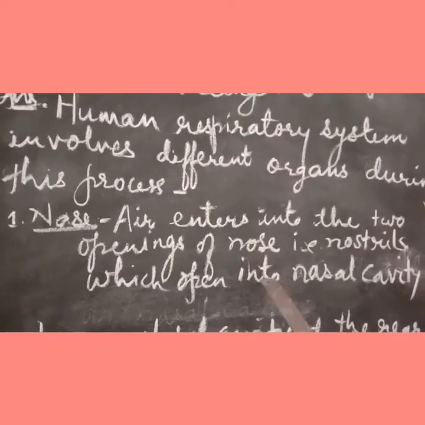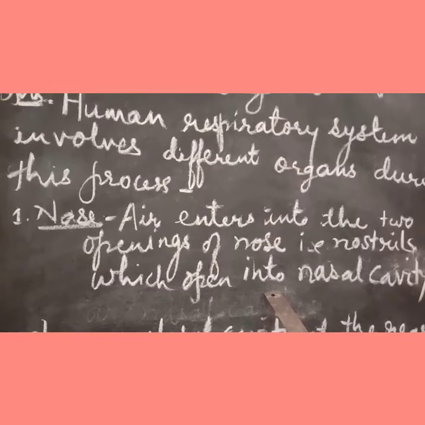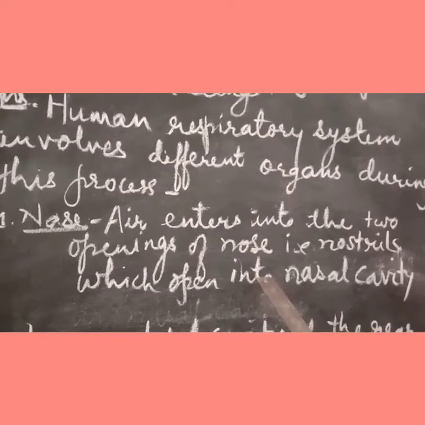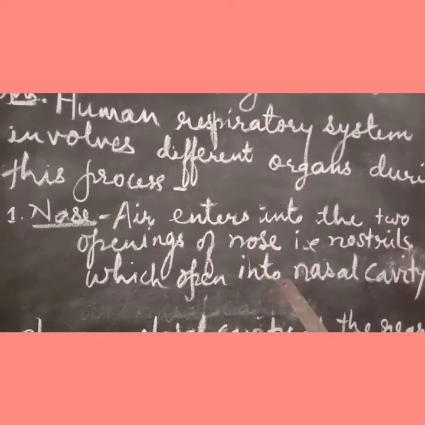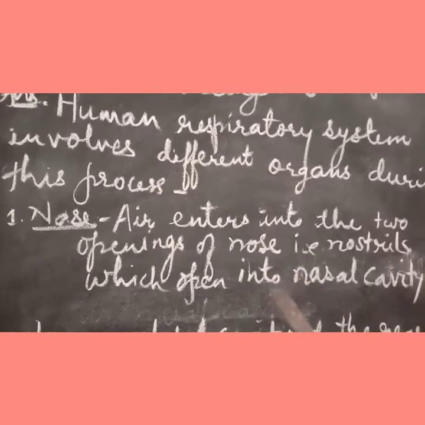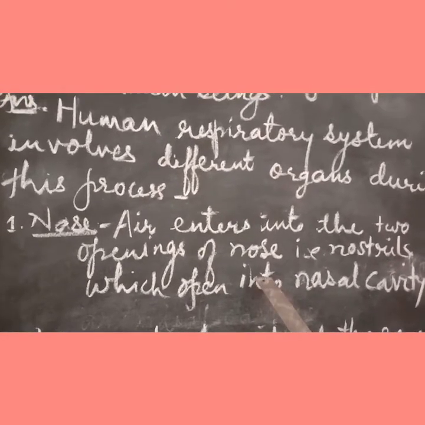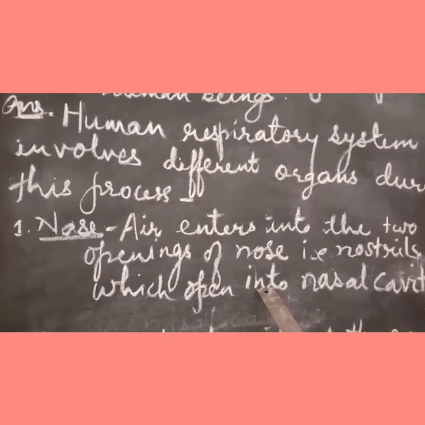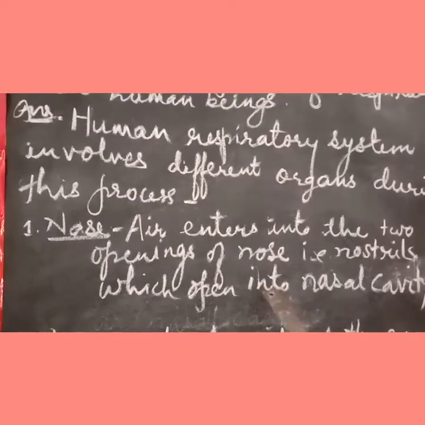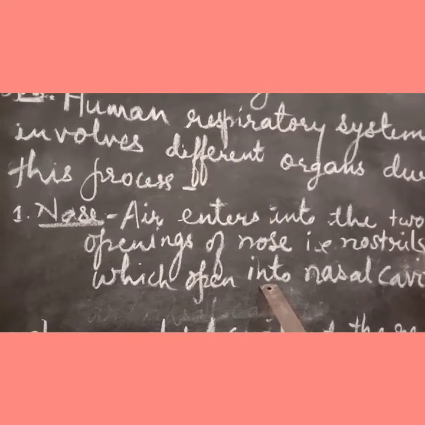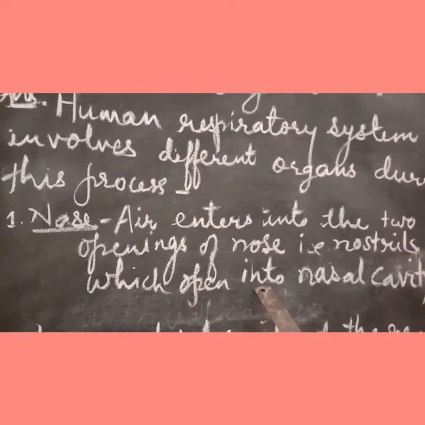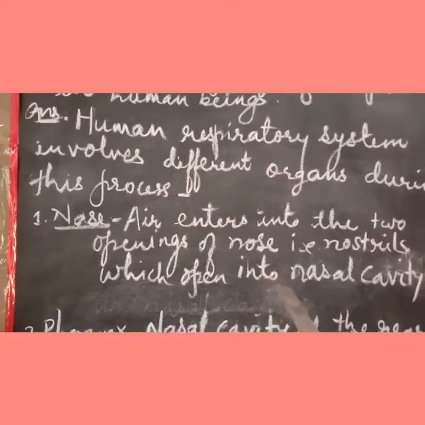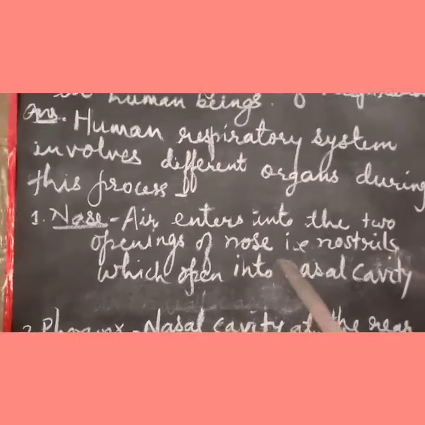Then it adds moisture to the air, and at the same time the mucus which is secreted through the nasal chamber entraps harmful particles present in the air, and that is why we are advised to breathe through the nose and not through the mouth, because in our mouth we don't have such facilities.